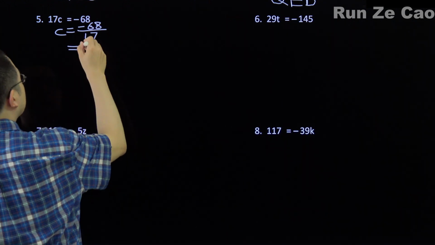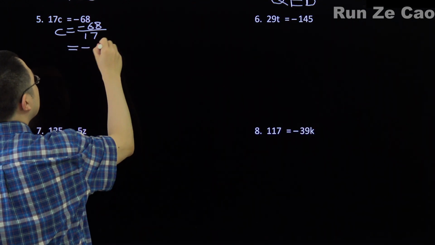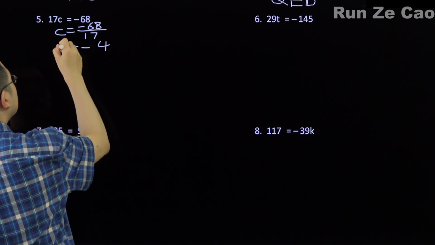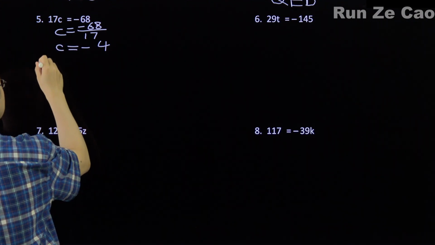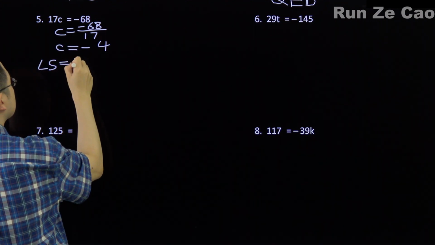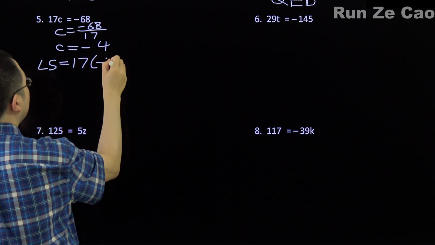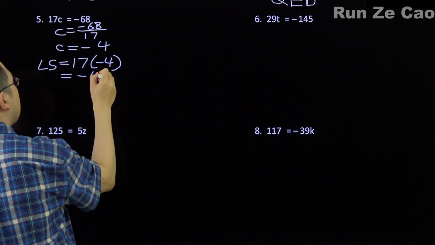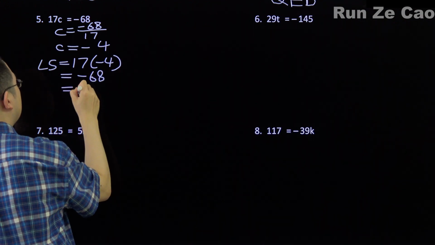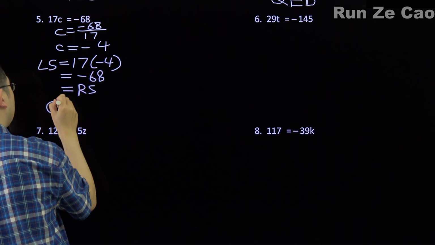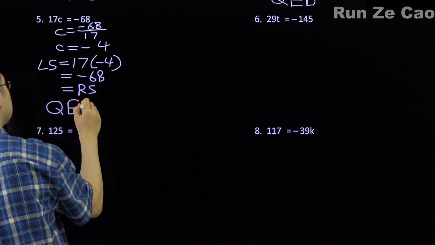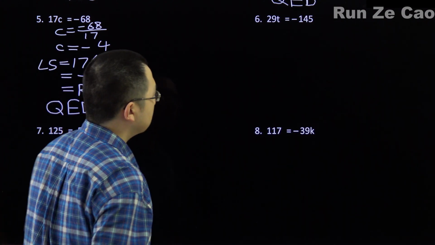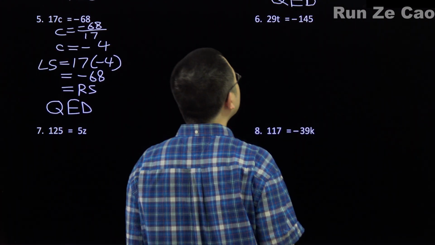There's one negative sign here, so it's negative, and it's going to be 4. So left side is equal to 17 times negative 4. So negative 68, which is equal to the right side. Therefore, QED. What's been asked has been shown.